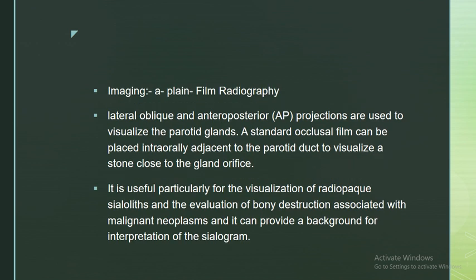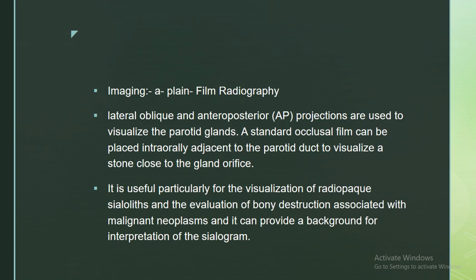Now we come to imaging for disorders or suspicion of salivary gland hypofunction. First, plain film radiography. Of course, we take certain angles so that we can get a clear view. The lateral oblique and anterior posterior projections are used to visualize the parotid glands.